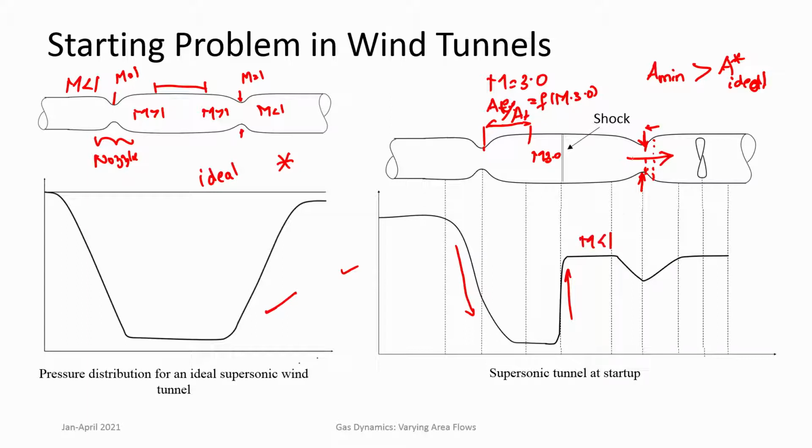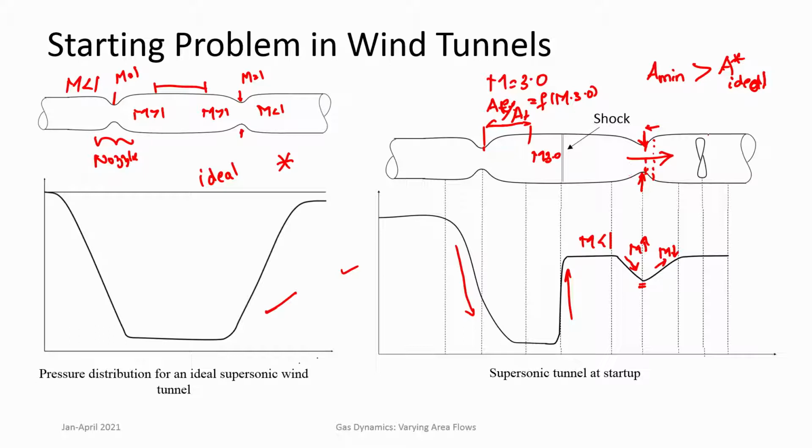Then it sees a varying area duct, a CD duct. First the Mach number decreases, then increases, it reaches the minimum area, but then it will not reach Mach number equal to 1. So, therefore, further diffusion happens. So, Mach number reduces here and pressure will increase.